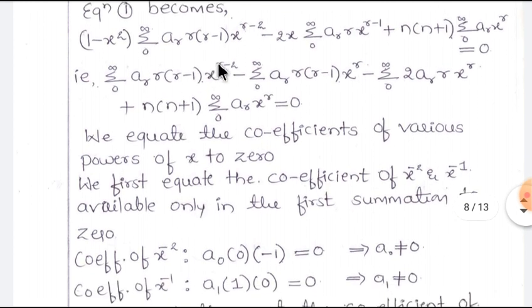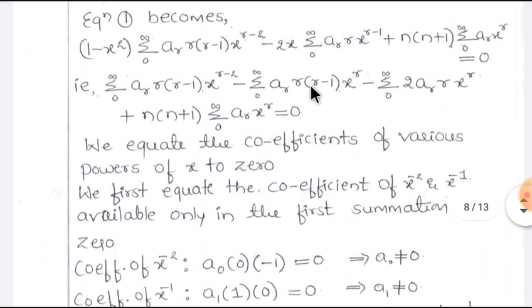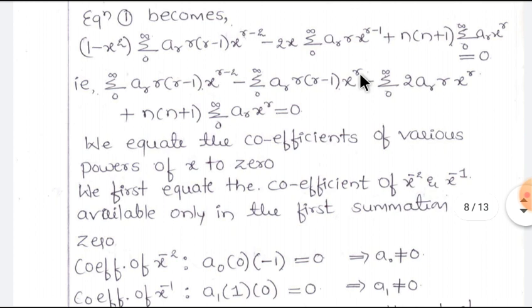So here if r is equal to 0, in the second term r is 0, x to the power 0, only take the coefficient of x to the power minus 2, but it is x to the power 0, it does not exist, here also it does not exist, here also in the fourth term it does not exist, because we only equate the coefficient of x to the power minus 2, means only equate the first term.